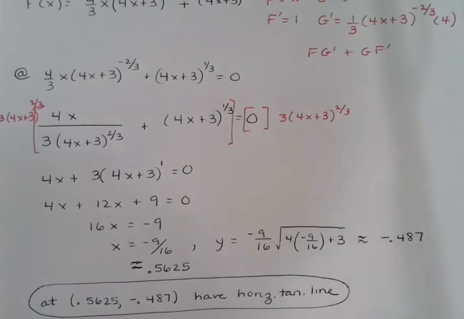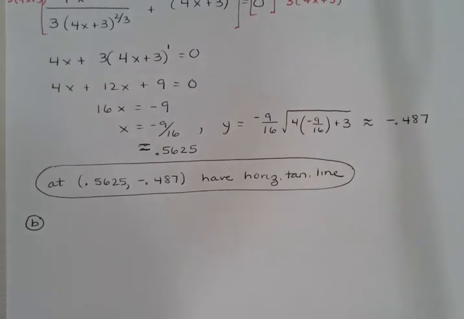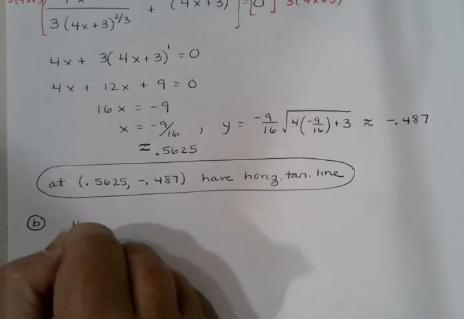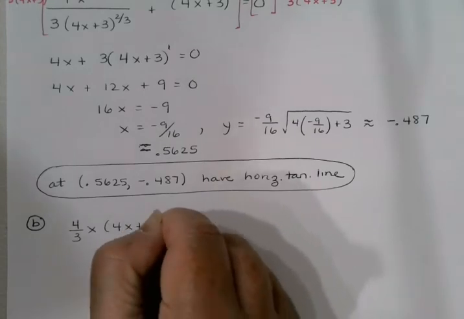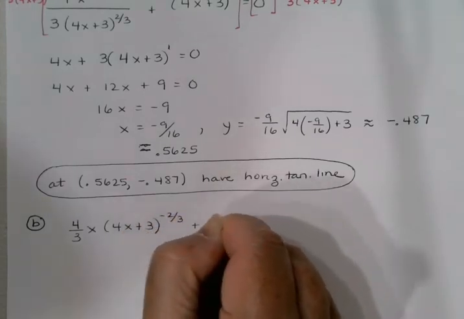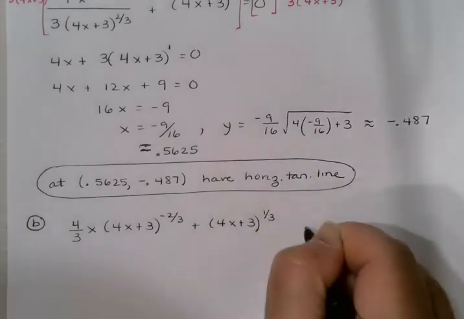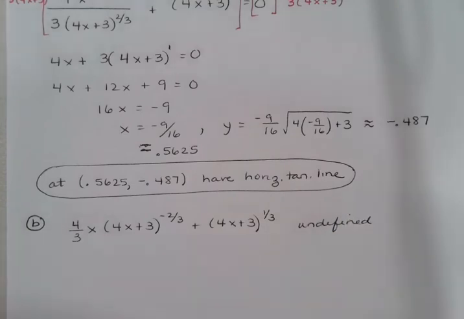All right, in part B, we wanted to know where that tangent line is vertical. So for vertical, we want our slope or our derivative to be undefined. And typically things are undefined when the denominator is 0.